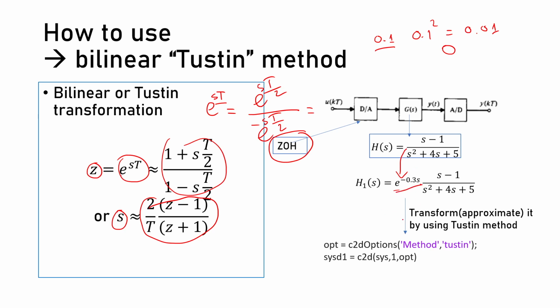After that you use Tustin or bilinear, right? But in MATLAB you use the term Tustin for the option. So this is the continuous to discrete option, the method defined as Tustin, and then you put this option into c2d.